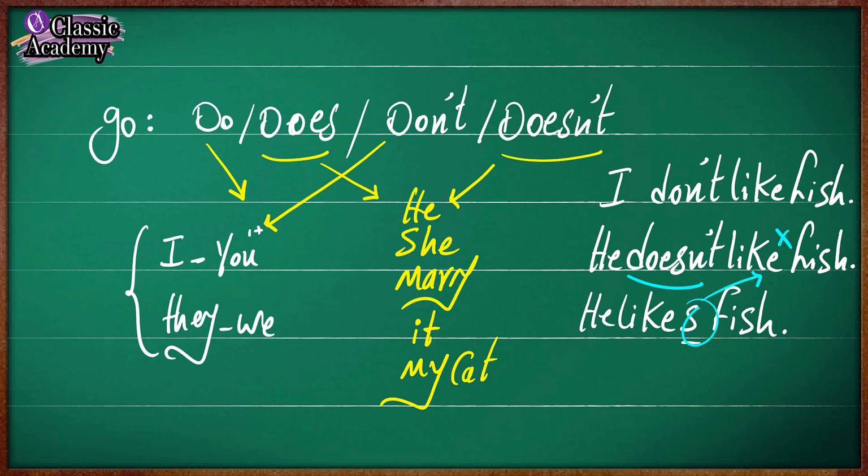We don't have it here because we show that it is one single person. These are single, single, and single. Well, I is very, very exceptional. Okay, be careful. This is very, very different, huh? So I put just a star there. He likes fish. He doesn't like fish.